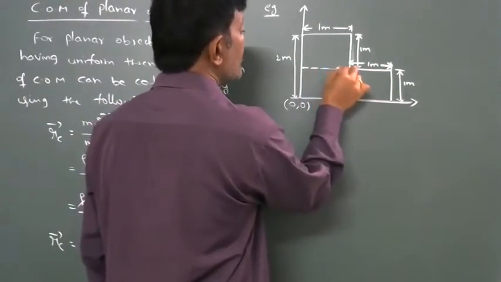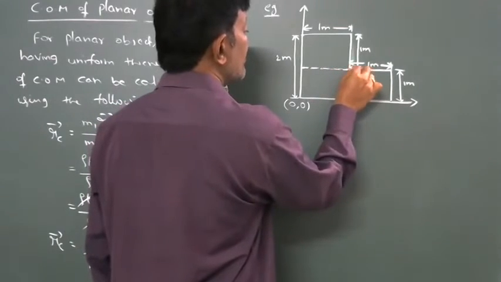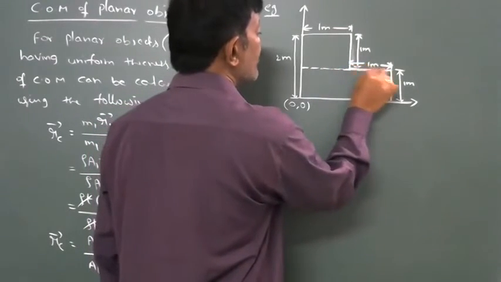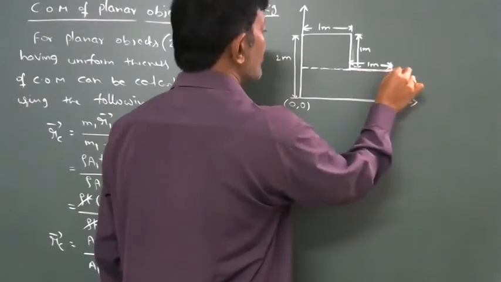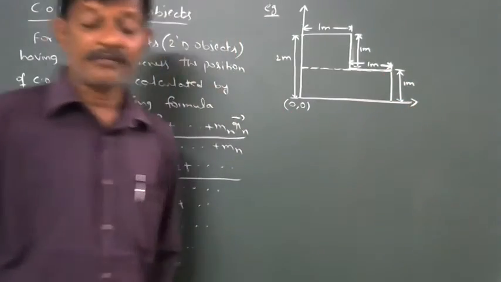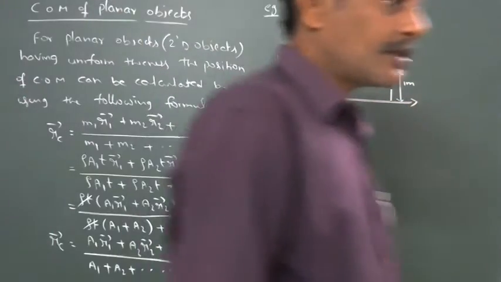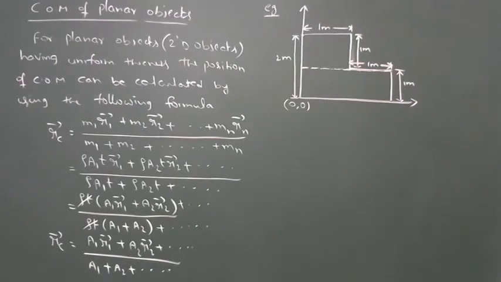In the last video, I said that for uniform regular shaped objects like rectangle, square, or triangle, their center of mass lies at its geometric center.